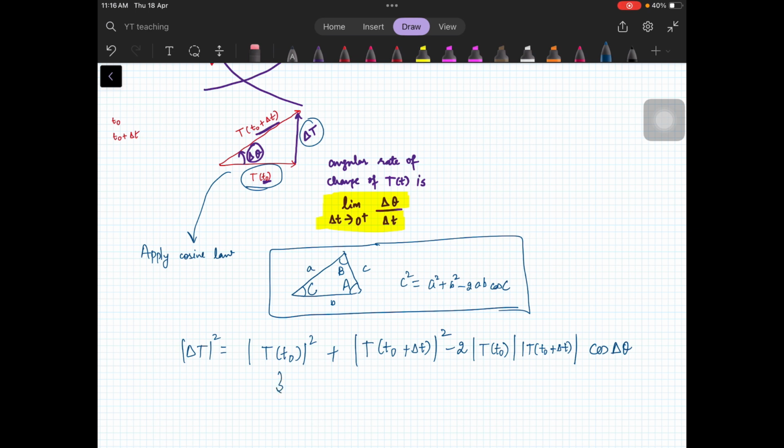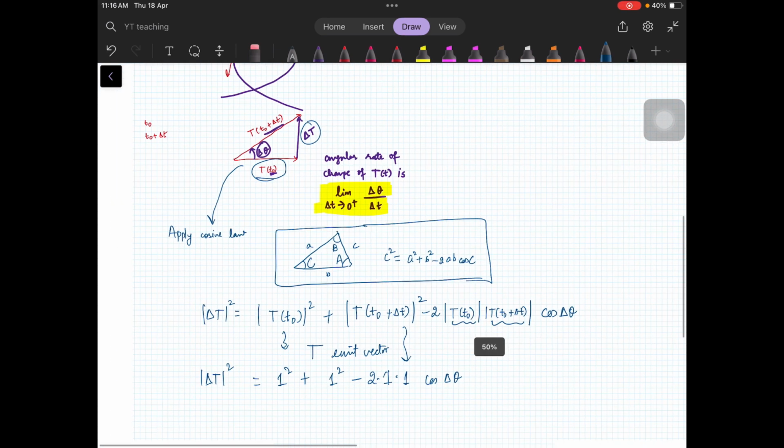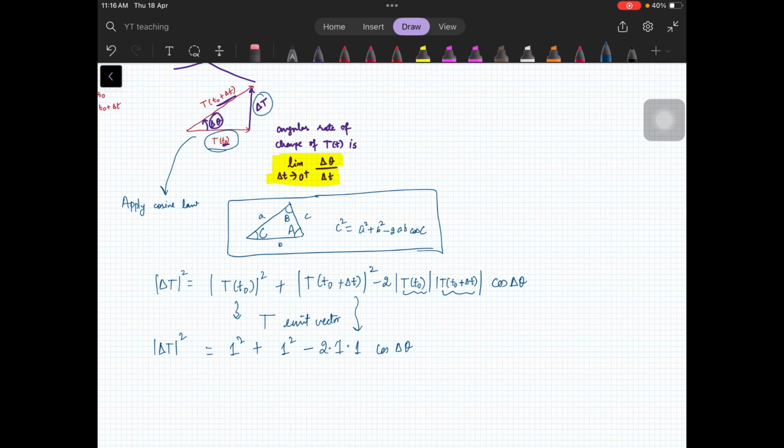So now what is this modulus? Because T is a unit vector, therefore its modulus is always 1. So this is 1 square plus, this is also 1 square minus 2, this is also 1, and then this is also 1, cos of del theta. So we get that del t modulus is square root of 2 minus 2 cos of del theta.